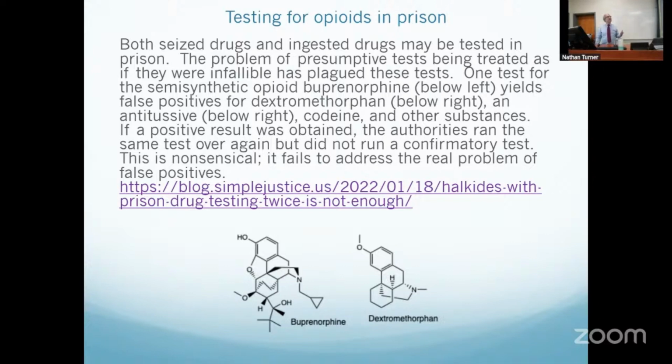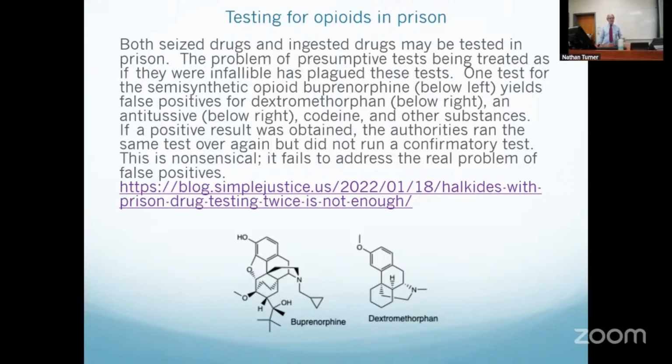But dextromethorphan, which is a cough suppressant, is a false positive for buprenorphine in a different EMIT test, different from the one that we just talked about involving efavirenz, the antiviral. So what was curious here was, contrary to the instructions that were given, the Department of Corrections said, okay, if we see a positive result in this EMIT test for buprenorphine, we'll run the test over again.